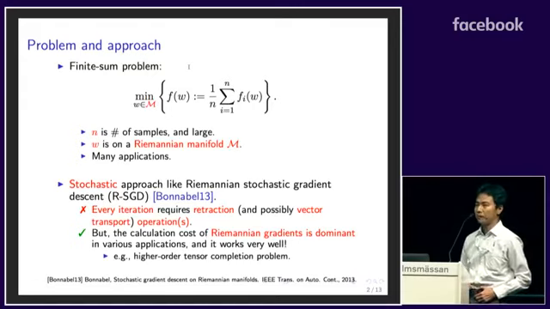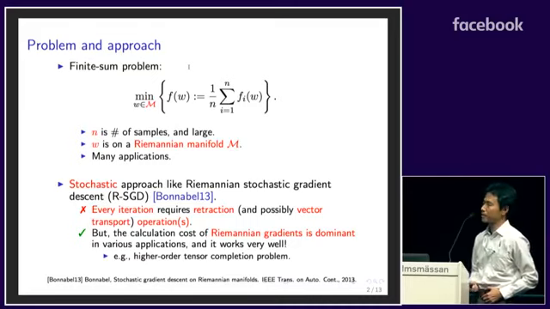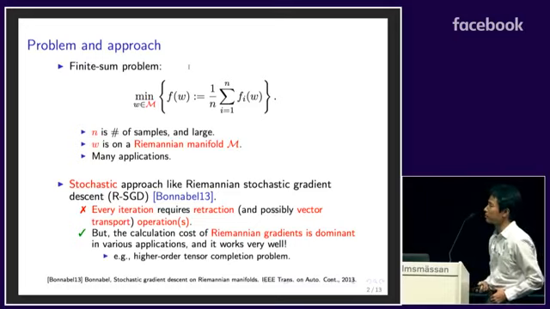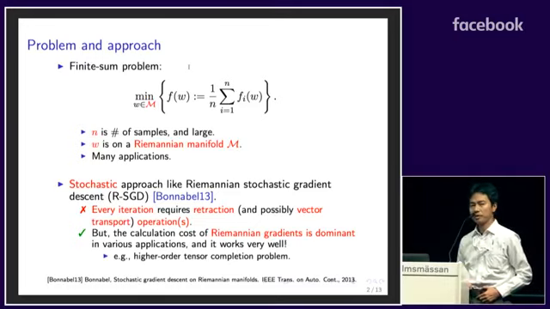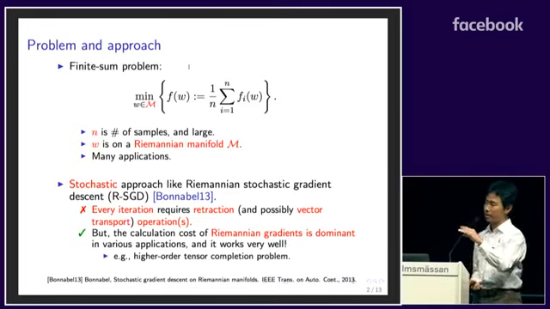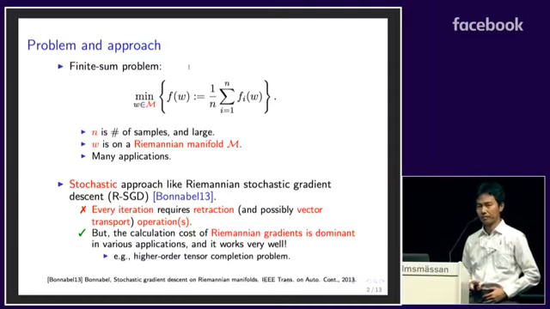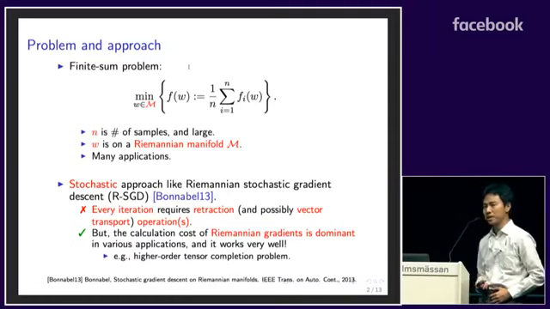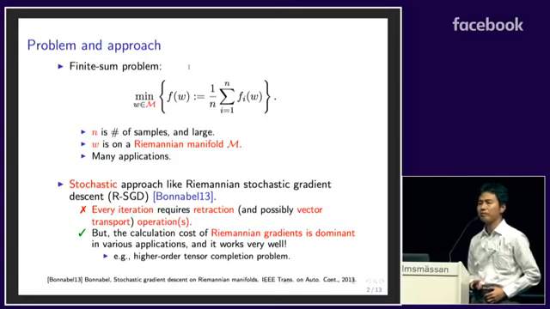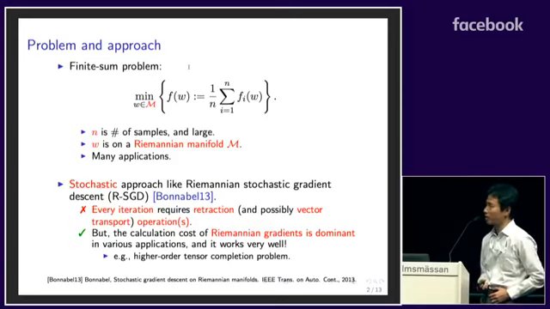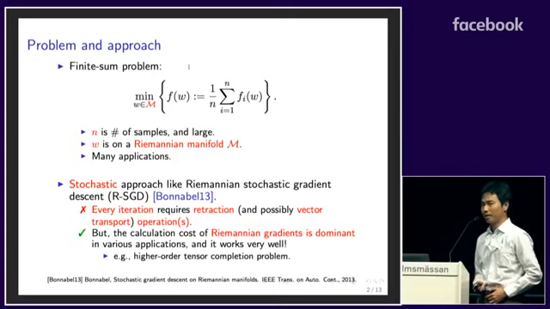However, in a wide range of applications, such as higher order tensor completion problem, the cost of the Riemannian gradient is dominant. In such a case, this approach is scalable and really promising.